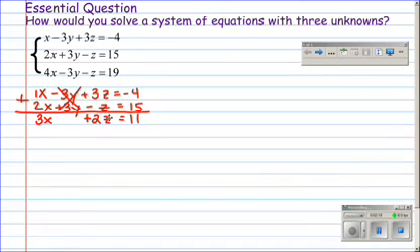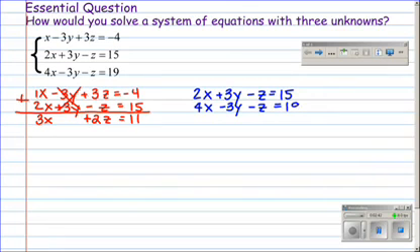Now let's take the last two equations, and I'm going to write these in blue. 2x plus 3y minus z equals 15, and 4x minus 3y minus z equals 19.